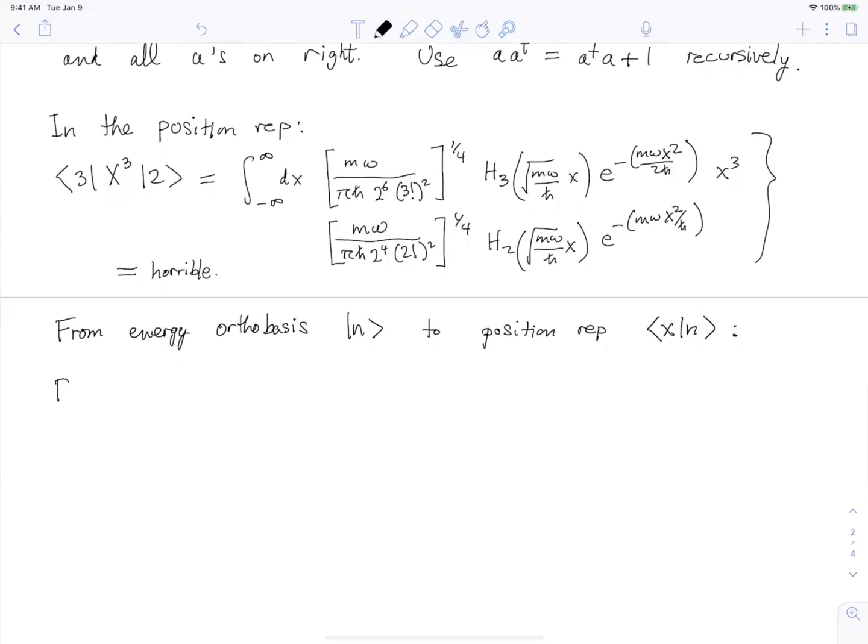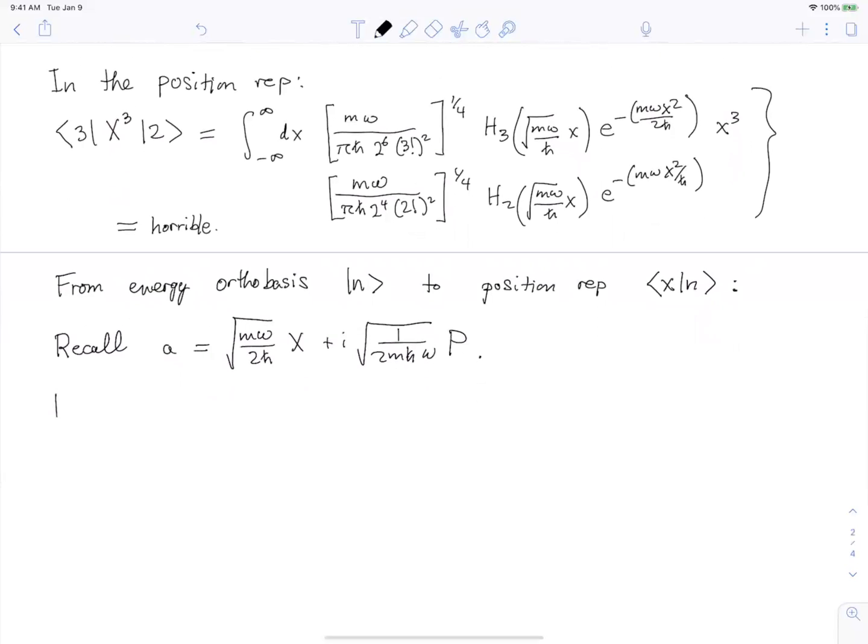Okay, so to see how to do this, recall, for example, that A was this thing. And in the position representation, we know what P looks like. P is represented by minus i h bar times the derivative with respect to x.